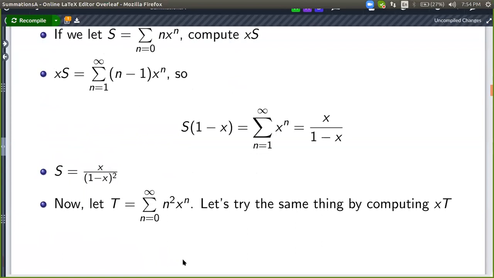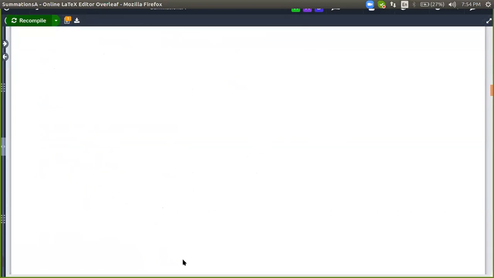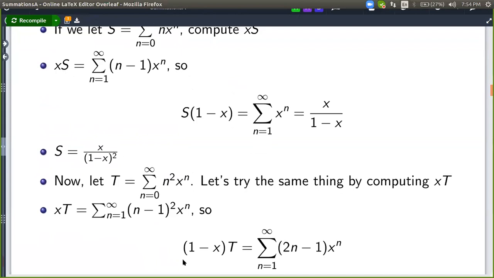So if we do that, similar to before, we're going to get x times t is equal to the sum from n equals 1 to infinity of n minus 1 squared times x to the n. So this time when we subtract, we're going to get 1 minus x times t is going to be the sum from n equals 1 to infinity of 2n minus 1 times x to the n. 2n minus 1 just comes from n squared minus n minus 1 squared.